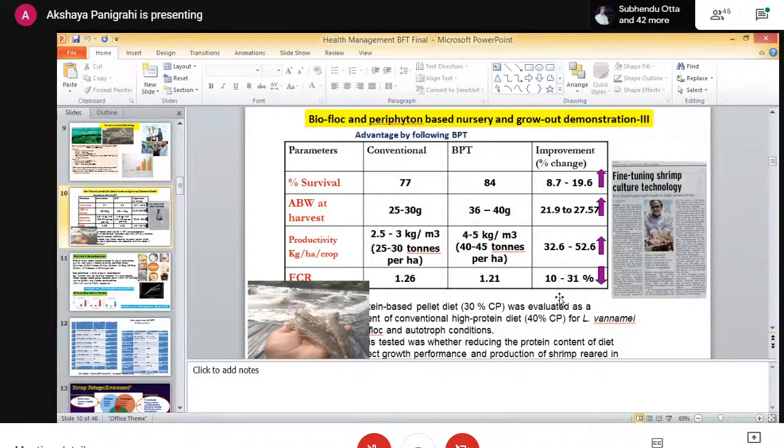Sir, is it possible to enlarge the screen? Yes, I think... is it okay now? I mean, it can be full screen or a slightly bigger screen. Now mine is full screen.